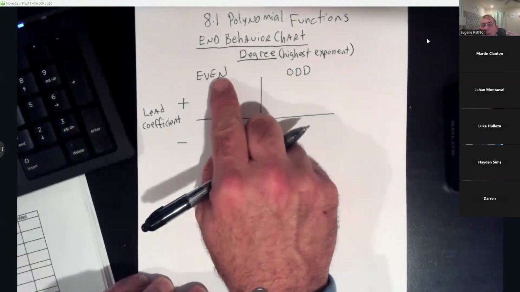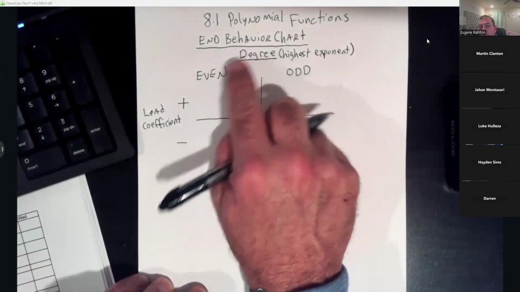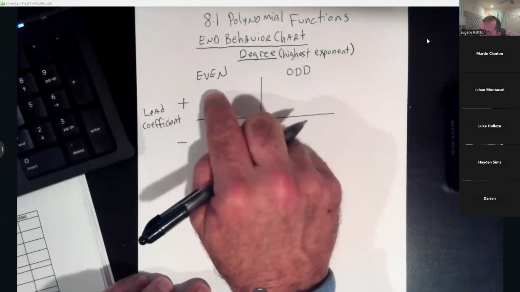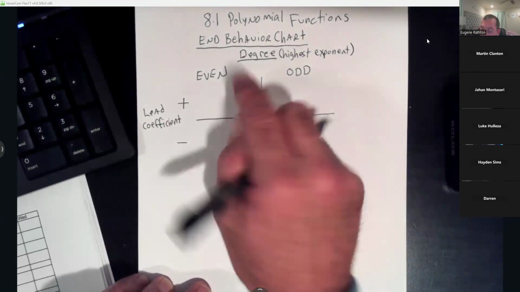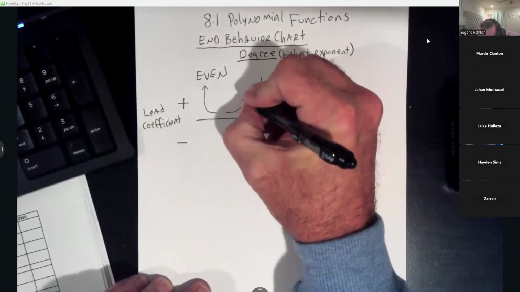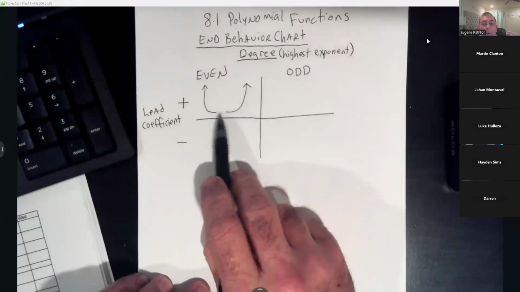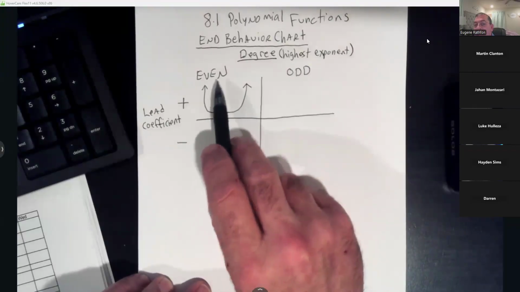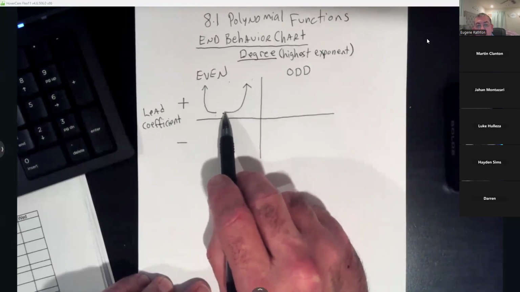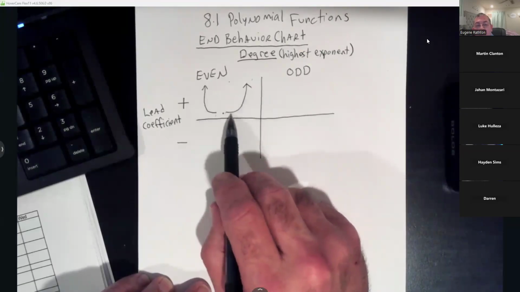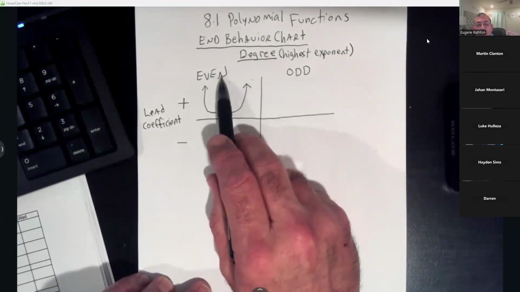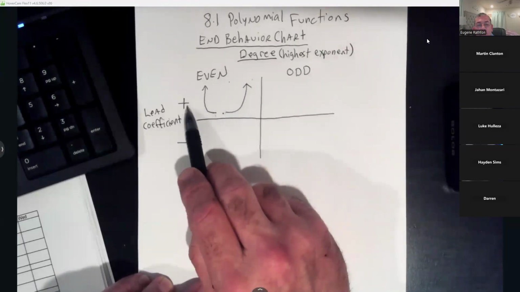So the degree is even. I'll have this first case. If the lead coefficient is positive, then this will look like those parabolas. Both ends will go up. Now, they don't connect in the middle because depending how high that exponent is, there could be a lot of terms in here, okay? But in the long run, both ends will go up if it's an even degree with a positive lead coefficient.